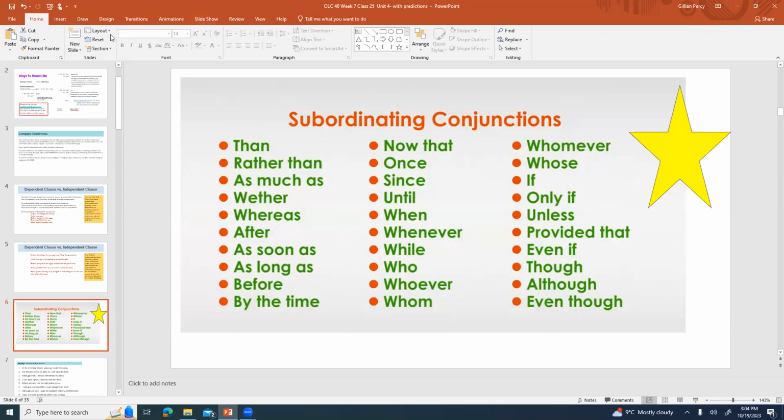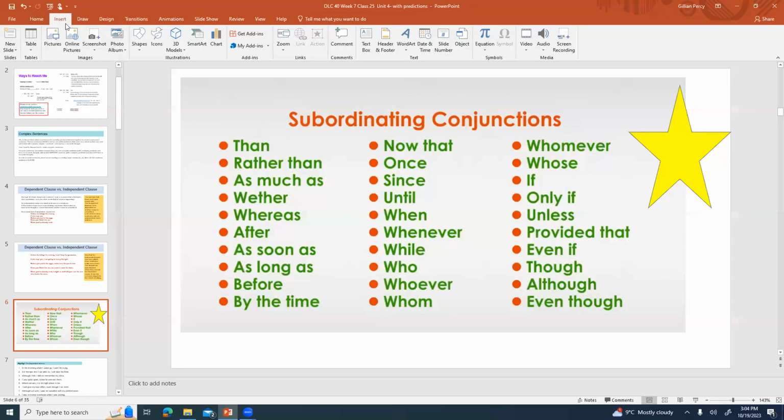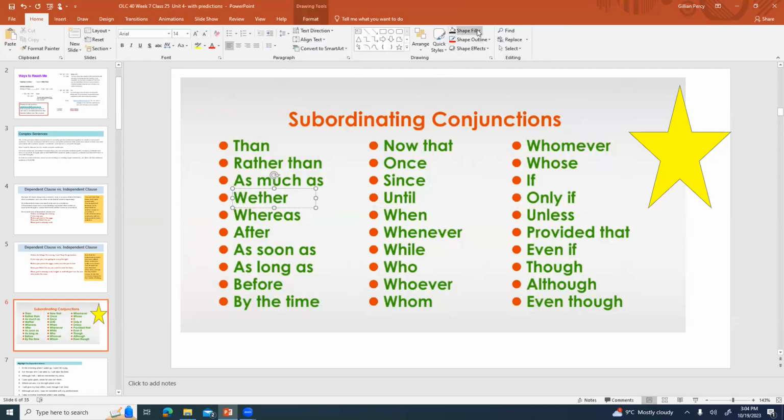And let me do this. It's driving me crazy seeing "whether" look like that. Okay, so kind of quickly here, I'm going to fill that with a gray and we're going to write the word "whether".